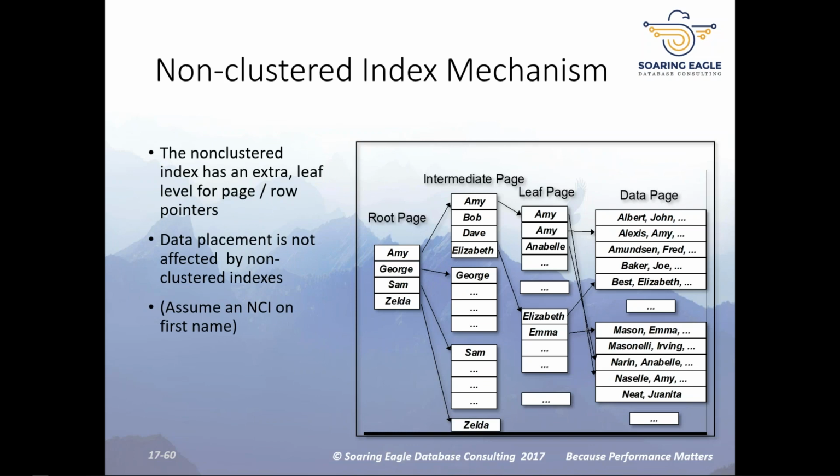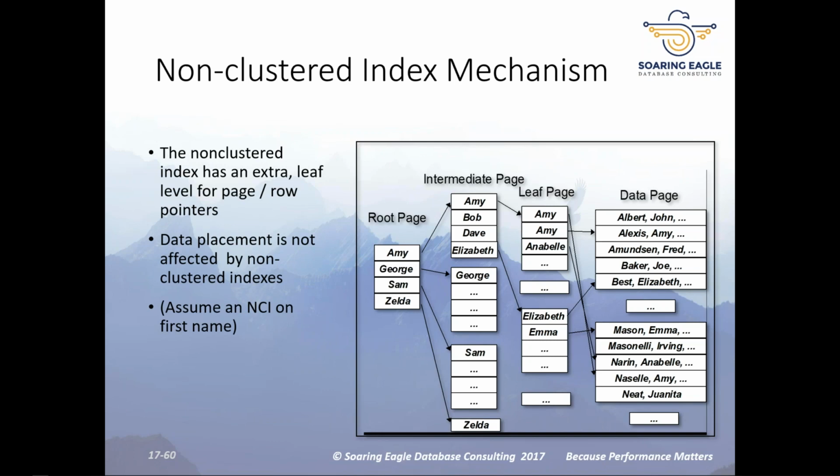The non-clustered index, well, we've already got the data pages sorted by last name. This is pretty obvious. And also what should be obvious is that we can only physically sort the data one way, which is why we can only have one clustered index. So all the rest of the indexes are non-clustered.